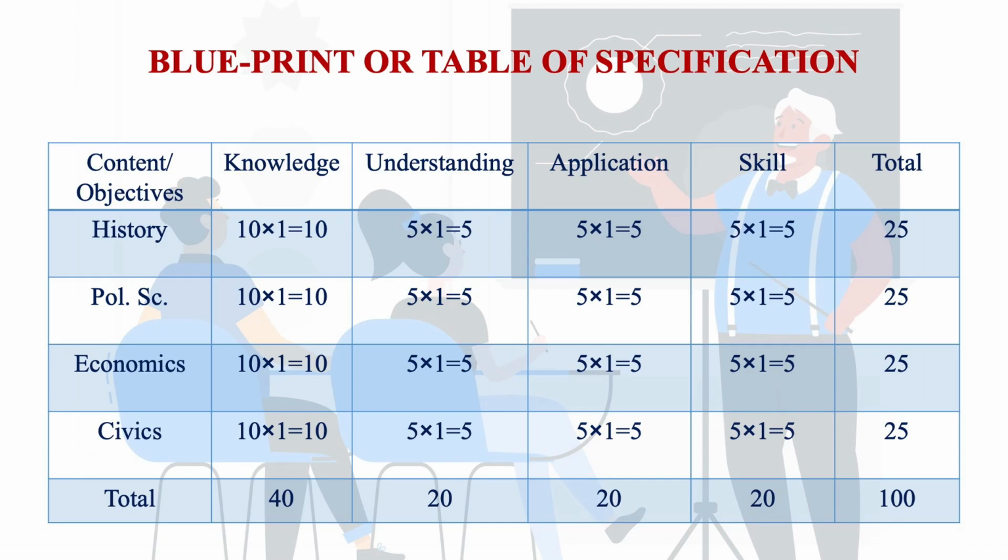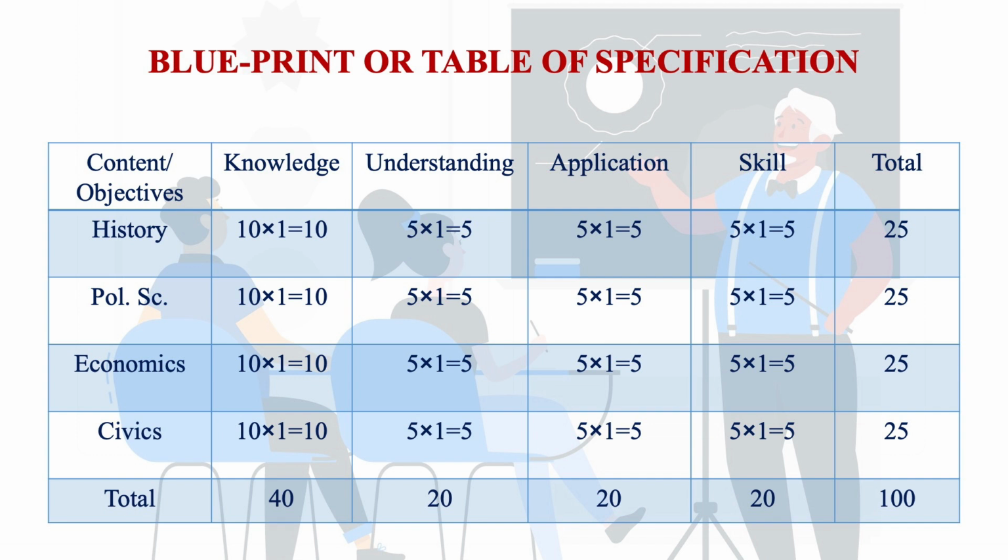So based upon the 3 dimensions of the blueprint, you have to prepare a table of specification. Just as you see on your screen, the subject areas or content are history, political science, economics and civics. Weightage to history is 25%, because each subject area is given 25% as per your blueprint. Knowledge, understanding, application and skill are the 4 objective areas. The knowledge objective area is given 40% weightage, and understanding, application and skill are given 20% each. Accordingly, for a knowledge level question from history, you have to write 10 questions.